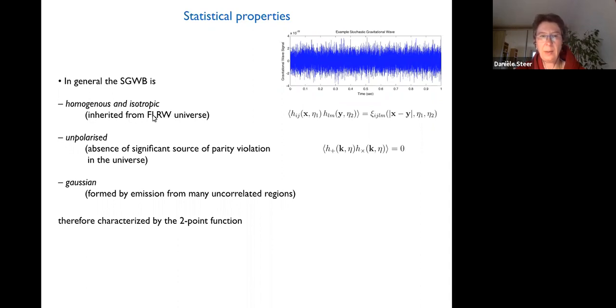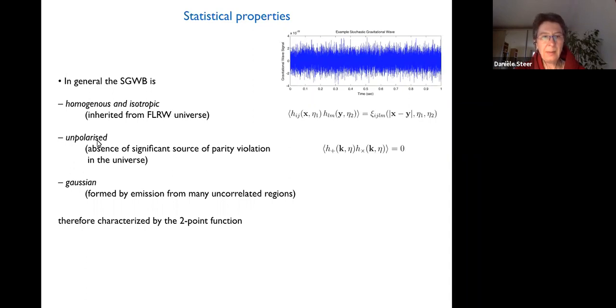And as I said, that's inherited from the FRW metric. So that means that the correlator of h_ij at a point x and time eta1, and h_LM at a point y and conformal time eta2 should depend only on the modulus of the distance between the 2 points. So that's the condition inherited from homogeneity and isotropy.